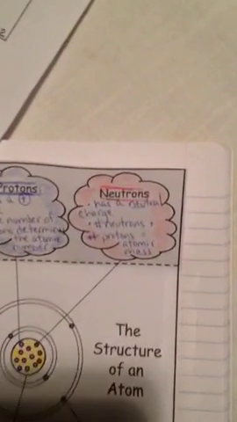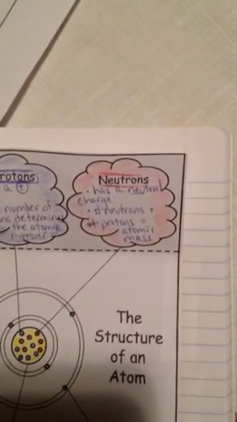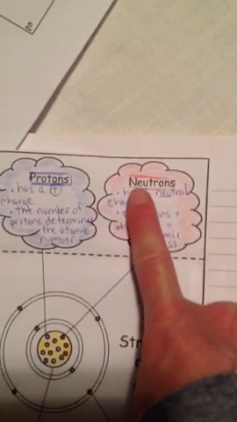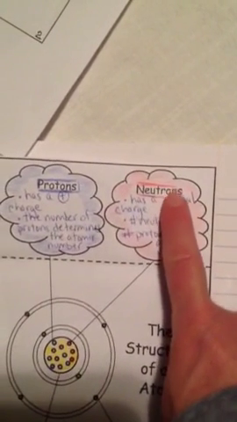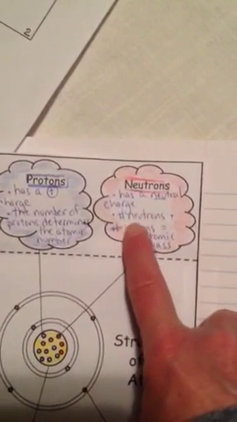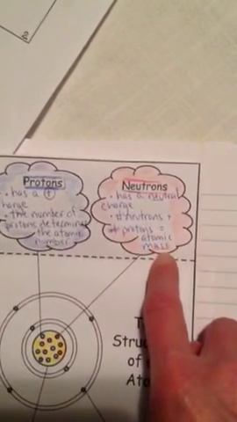The next subatomic particle in an atom is a neutron. Neutrons have a neutral charge. Notice NEU, NEU. That'll be easy to remember. Neutrons, neutral. The number of neutrons plus the number of protons equals atomic mass.